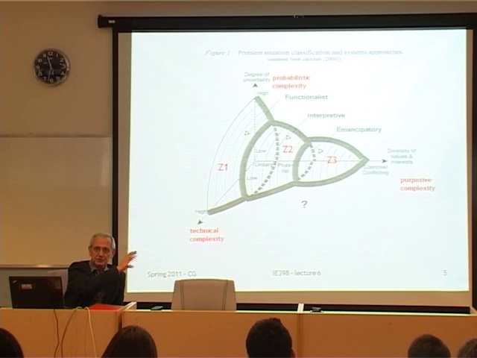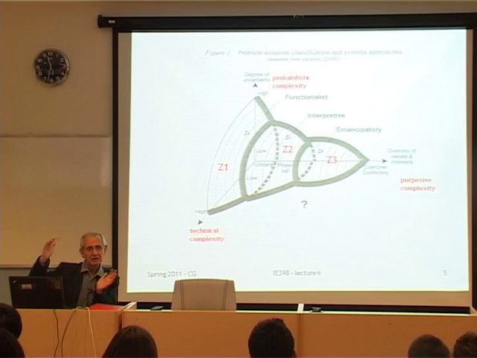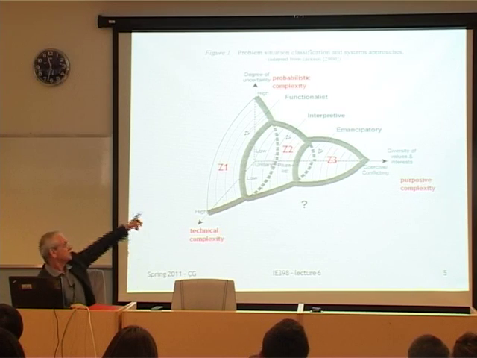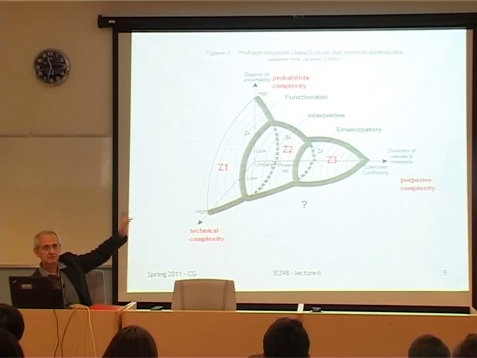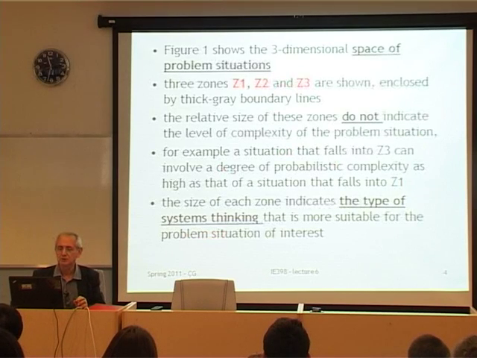I mean, the space occupied by Z3, the values of the technical complexity and the probabilistic complexity in Z3 seem to be less than those in Z1. This is confusing. Don't understand it like this. Now let me try to explain what I mean.